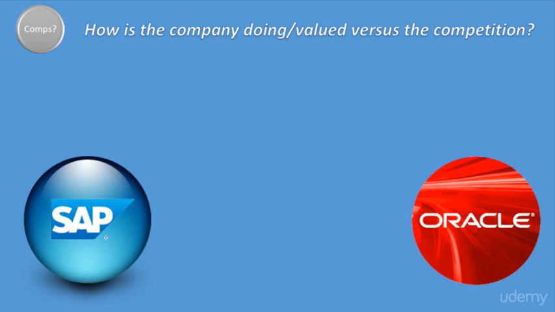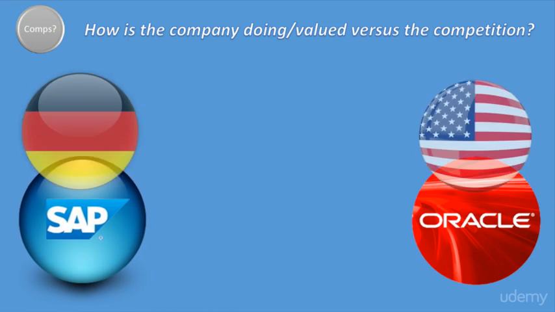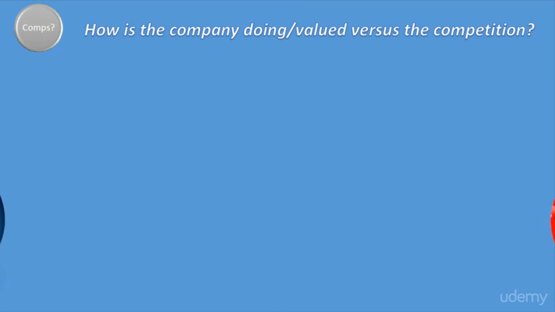Cognos was a business intelligence software company that was based in Ottawa, and then IBM bought them. But it used to trade at a premium to its comps at times. And so SAP, based in Germany, traded at a premium to Oracle, which is based in the US, right? But it also did because SAP was growing a little bit faster, just to be fair.